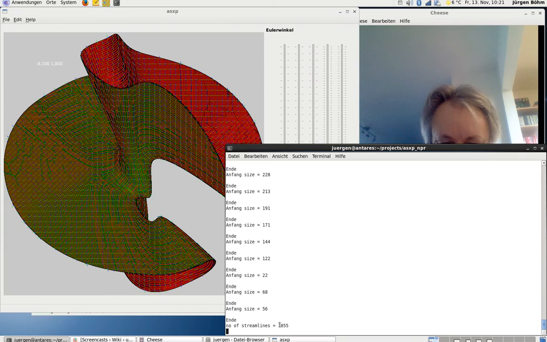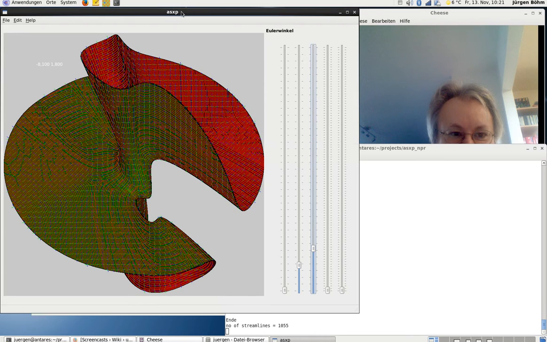We have 1055 streamlines. So this really looks interesting. Here we have a triple point of the vector field, for example, that we see, and other interesting structure that is discernible on this display.